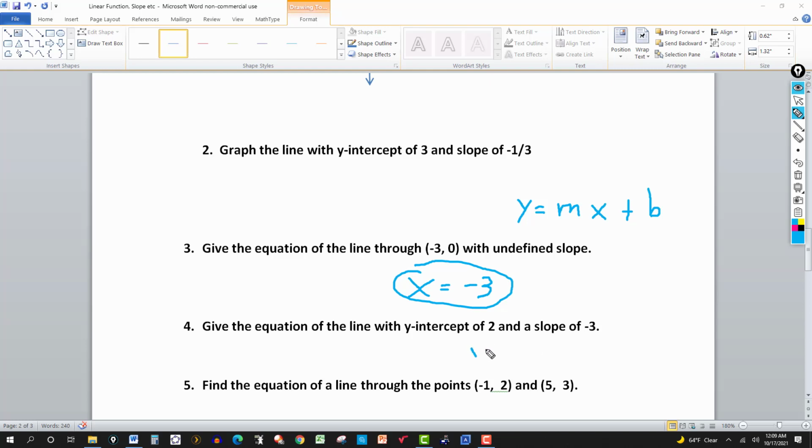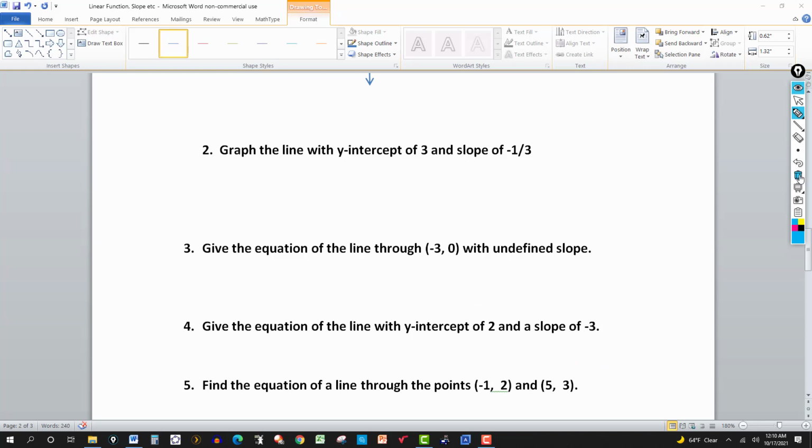So you just write y is equal to the slope, that's m, so we put it where the m is, so it'd be -3x, plus, and then b is the y-intercept, that's a 2. So y = -3x + 2 is the equation of that line.